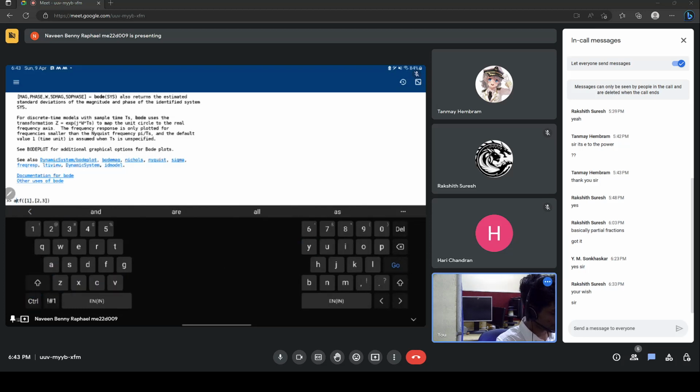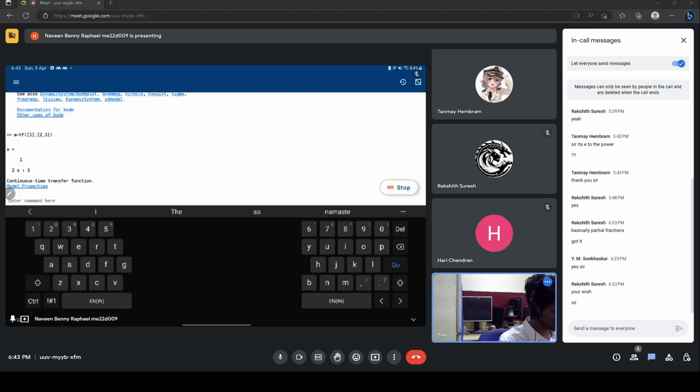A is equal to, so essentially this MATLAB function generates a transfer function.